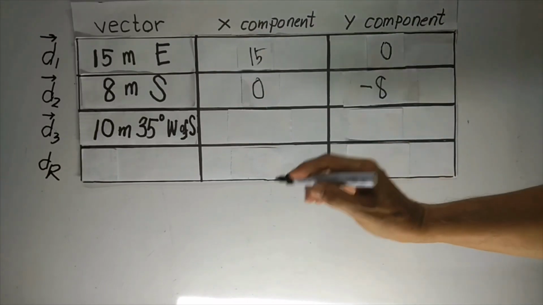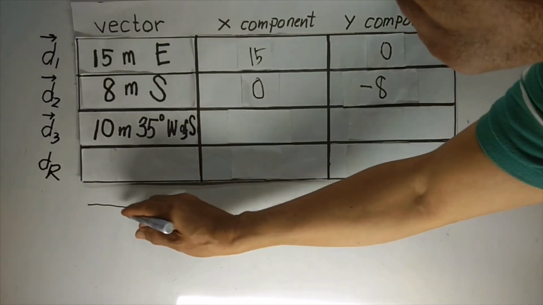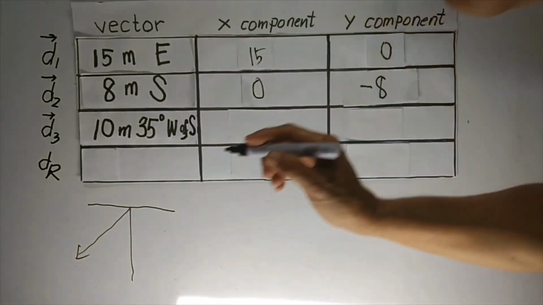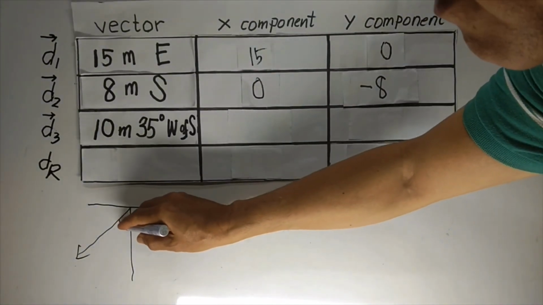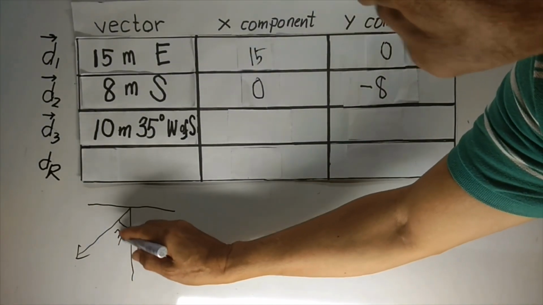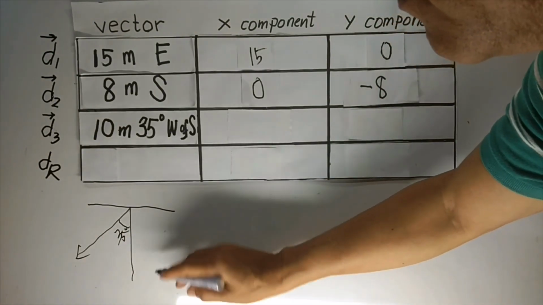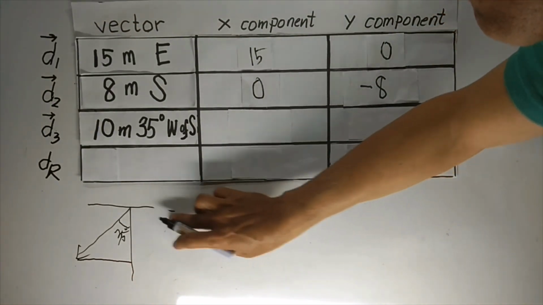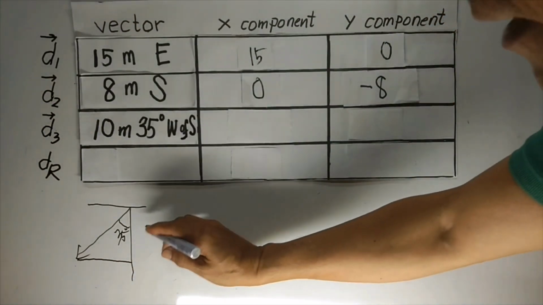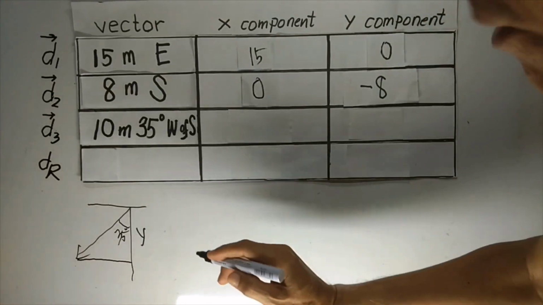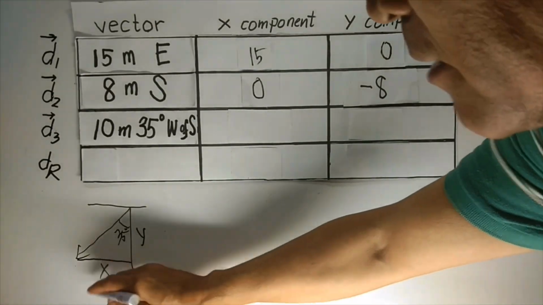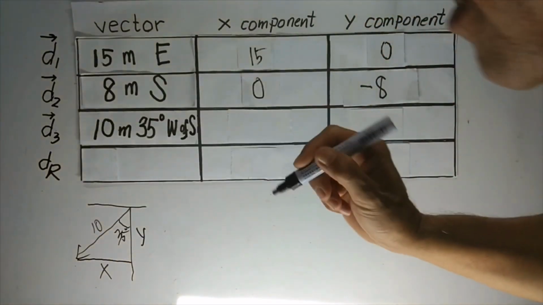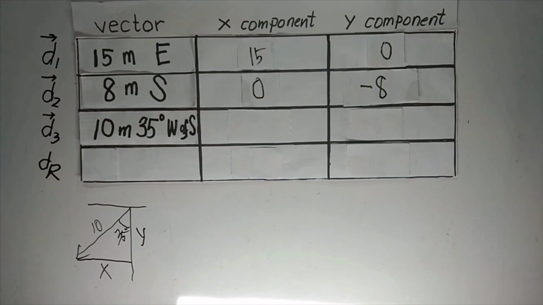So its vector forms an angle of 35 degrees. Constructing a right triangle here, this will be the y component, this will be the x component, and this will be the hypotenuse, which is 10 meters.